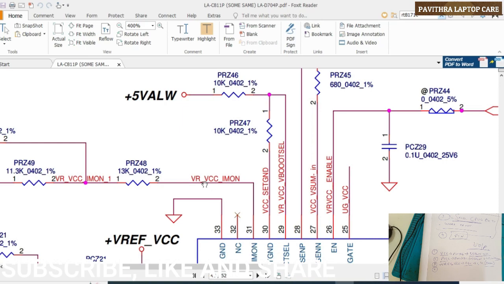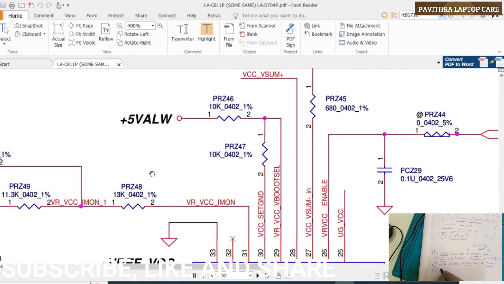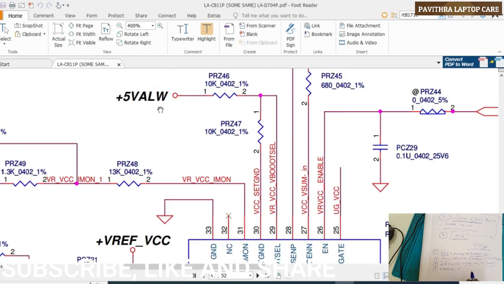This is VBOOT cell, 5 volts at pin number 29. Through the voltage divider the supply goes to pin number 29.